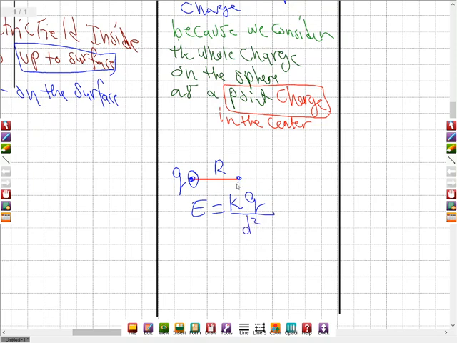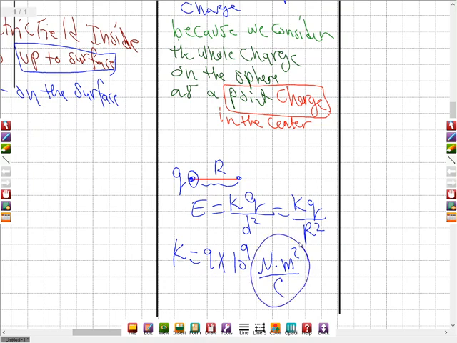D in this case, from here to here, is R, so E equals K Q over R squared. Done. That's all you need to know. K is 9 times 10 to the 9 Newton meter squared over coulomb squared. This is the unit of K. Sometimes they ask about that.